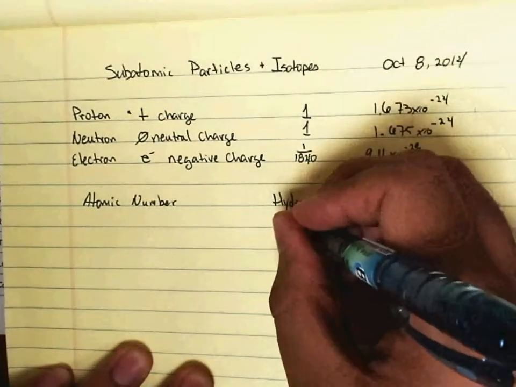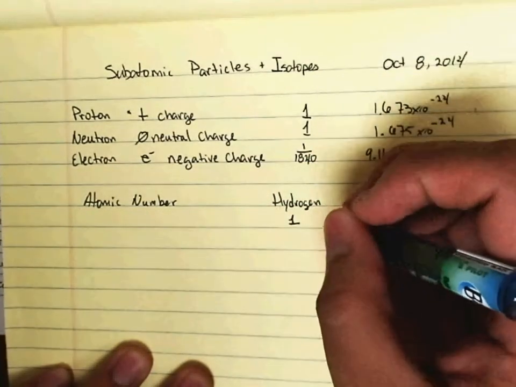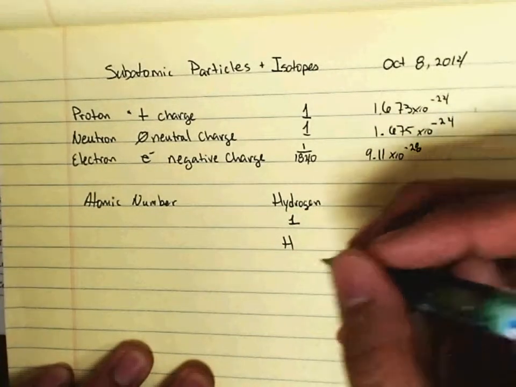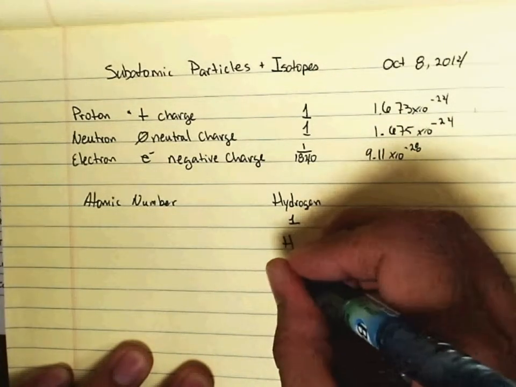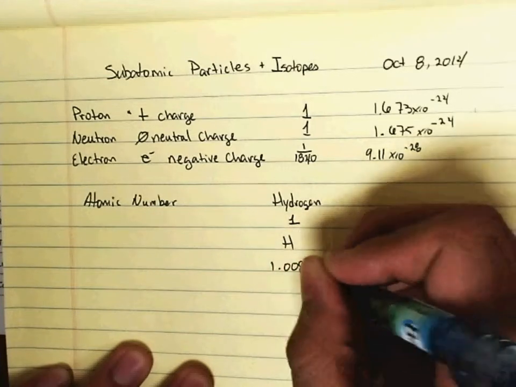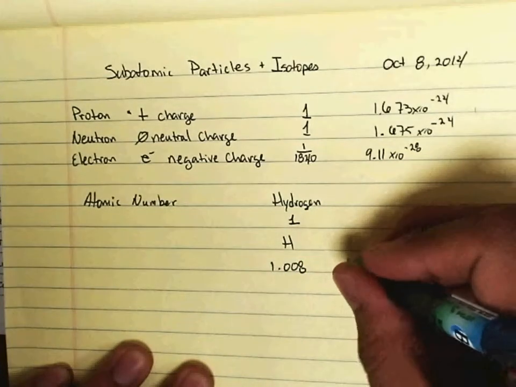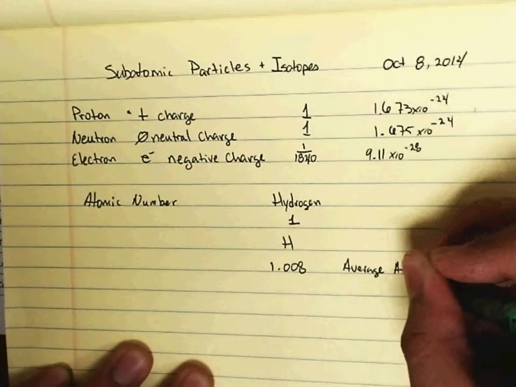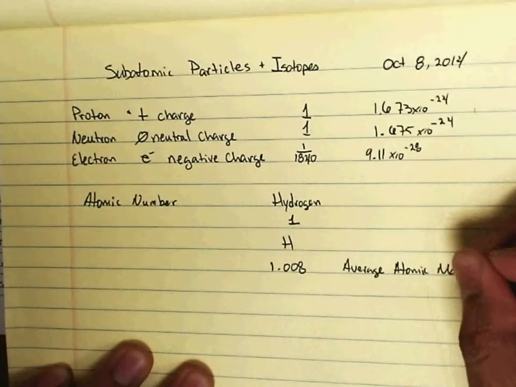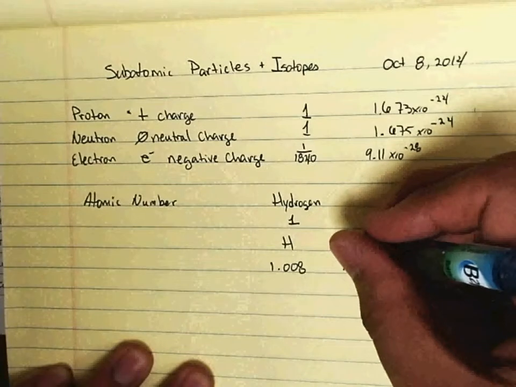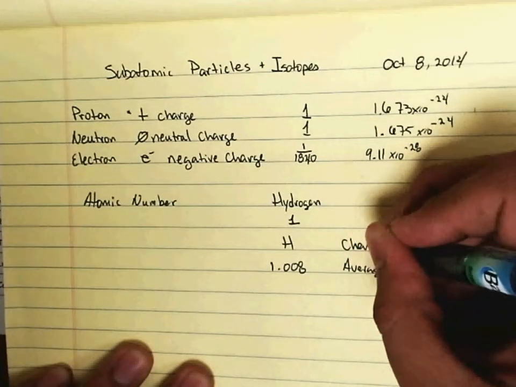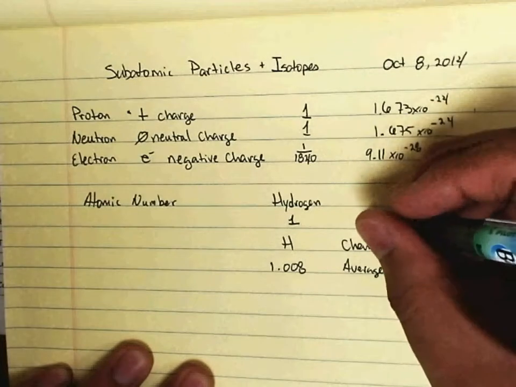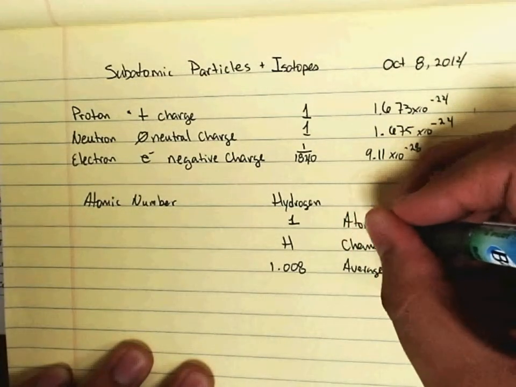It gives you the name on top, then it gives you the atomic number, then it gives you the chemical symbol, and then it gives you the mass. So this is the average atomic mass. This is the chemical symbol. We have our atomic number.